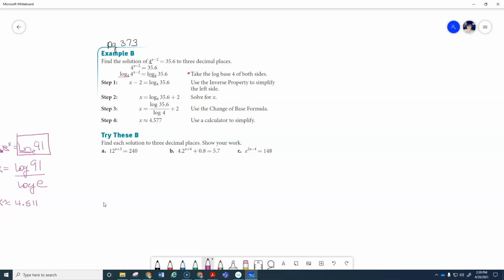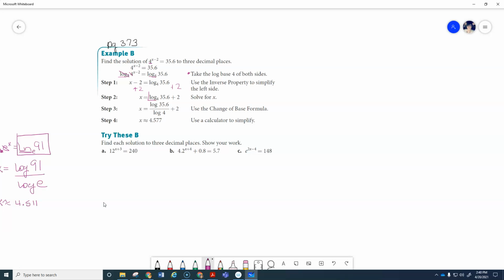The only difference here is that once we do this simplification of those simplifying each other out, our exponent wasn't just an x, so our x is not yet by itself. We have to do one more thing to get that x by itself, and that's add 2 to both sides. So now we have just an added extra algebra step.